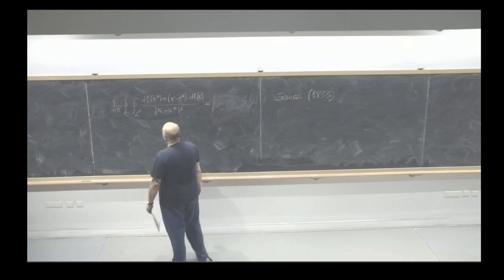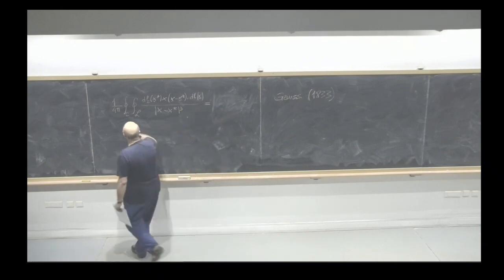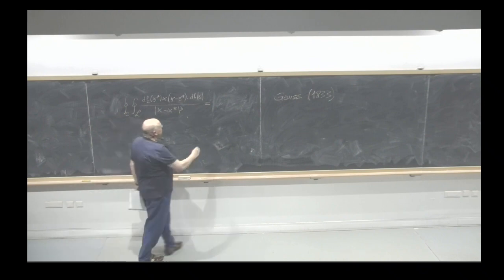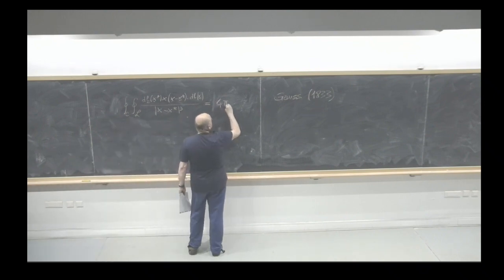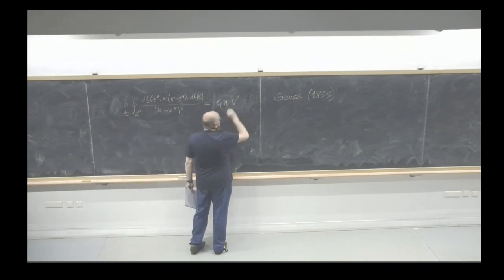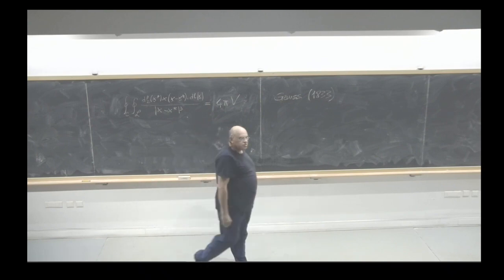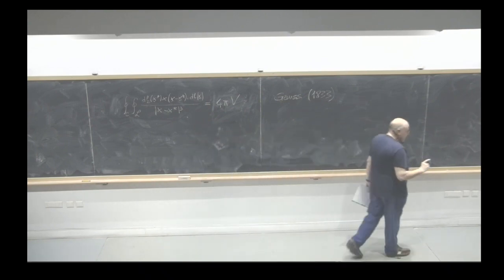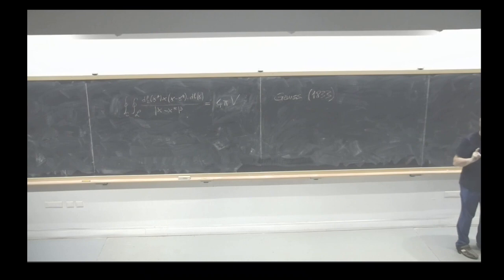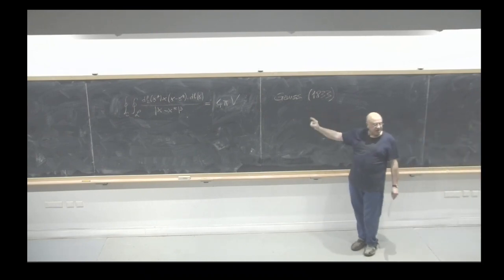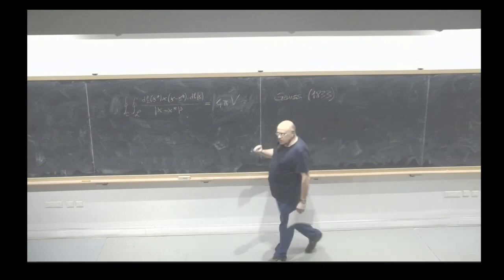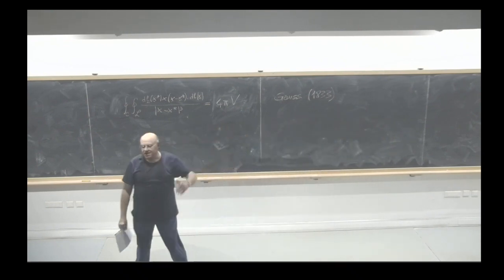In Gauss, this formula is written as 4 pi V. So there is a little note in his private notebook, unpublished at the time, 1833, where he mentioned two things. First entry, beautiful.